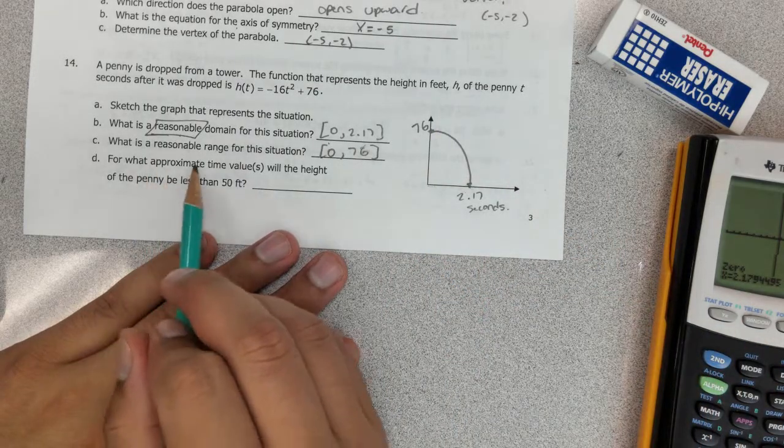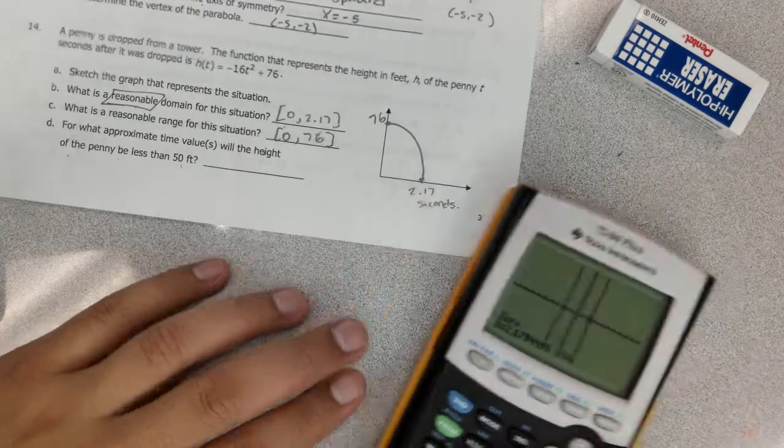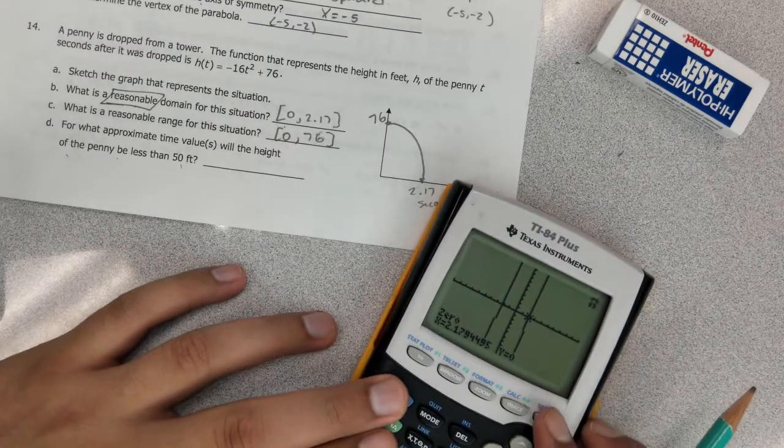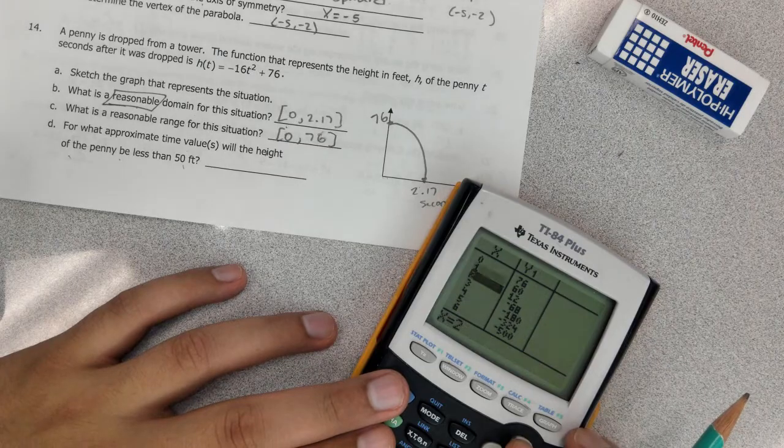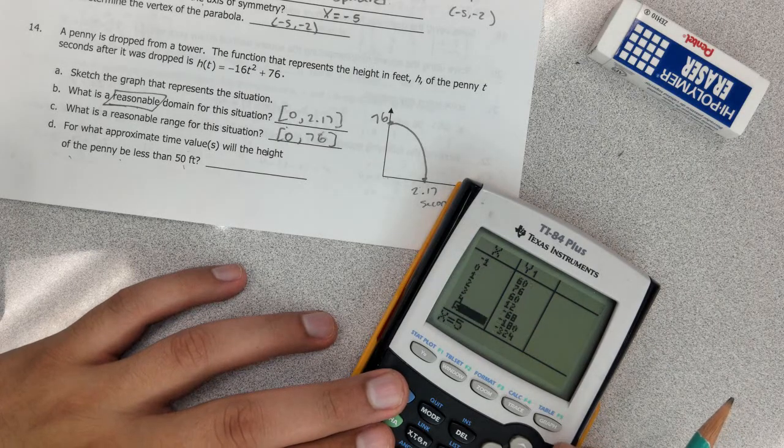And then for what approximate time values will the height of the penny be less than 50 feet? Alright, let's see if I can find it on here.